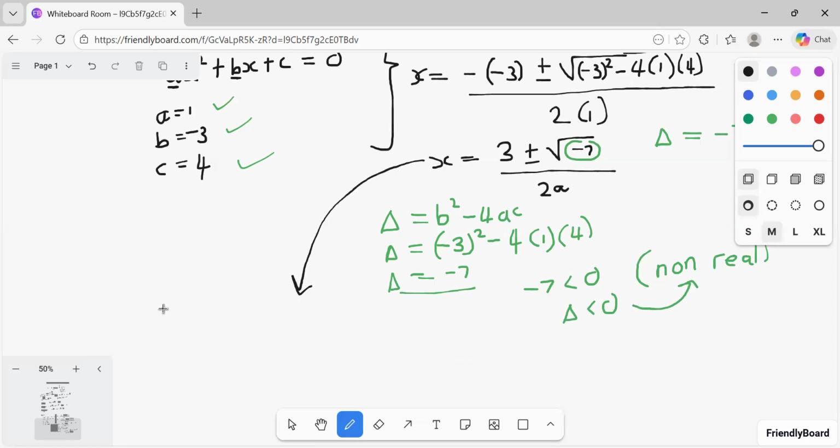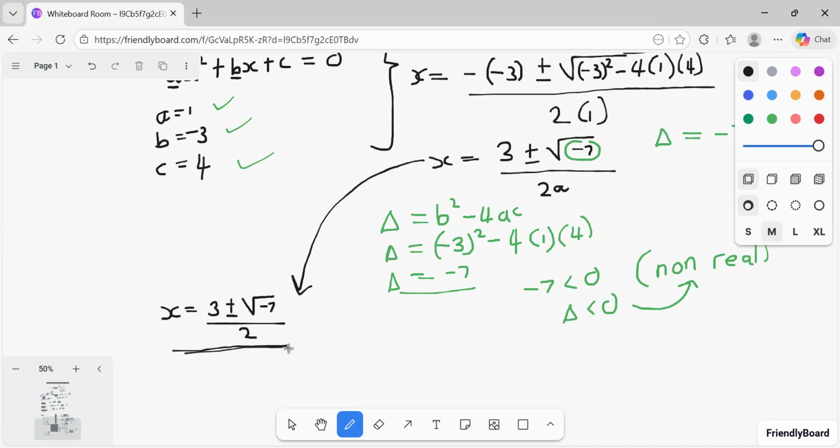So we had x is equal to 3 plus or minus square root of negative 7 over 2. Because we said 2 times a, which is 1, so it's 2 times 1, it becomes 2. Okay. So which we then conclude and say this is going to be the answer, right? Just leave it like this.